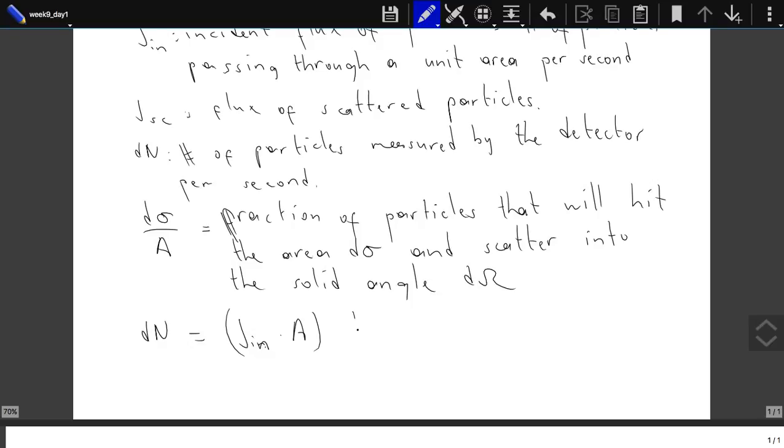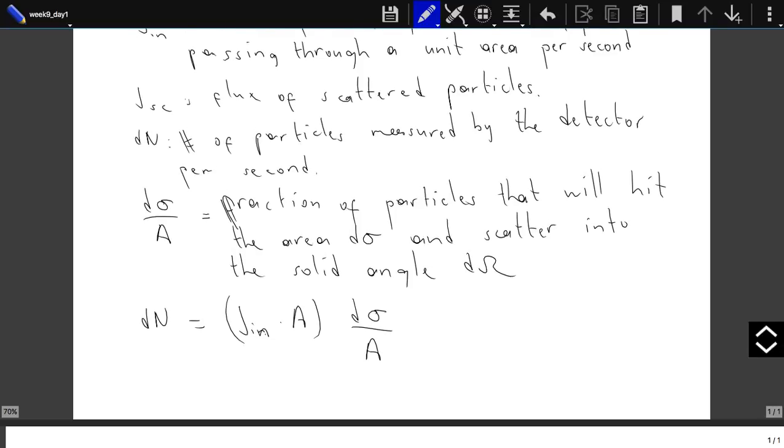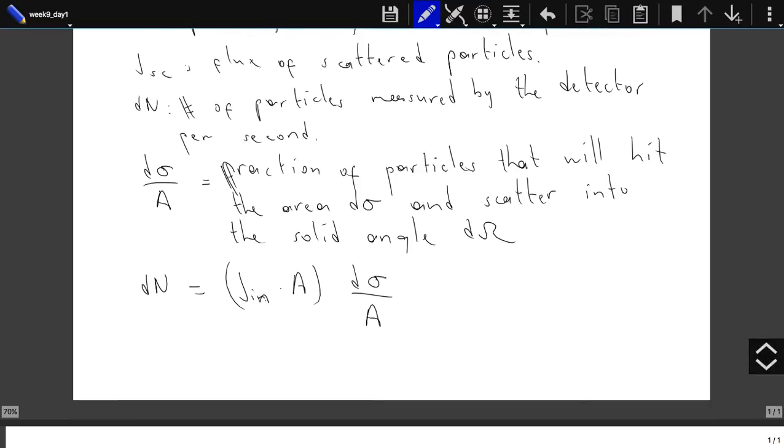Among these, d sigma over A will be scattered into my detector. Well, basically we are done with the definition of d sigma.